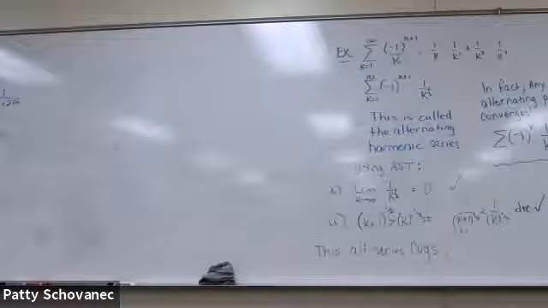Is it decreasing? Yeah, I make this bigger, I make that bigger, the sum then is bigger. That's a bigger number, and that divided into 1 makes that fraction smaller. So by the alternating series test, the series converges.